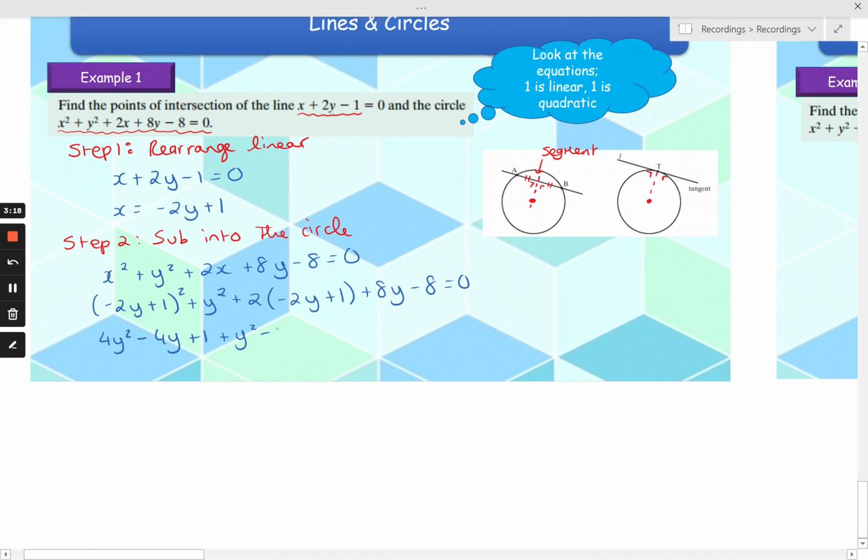Okay, so minus 4y plus 2 plus 8y minus 8 is equal to 0. So now I'm going to group them together. 4y squared plus y squared gives me 5y squared. Minus 4y minus 4y gives me minus 8y. Plus 8y means they're actually all going to cancel. Then I have 1 plus 2 is 3. Minus 8 gives me minus 5 is equal to 0.